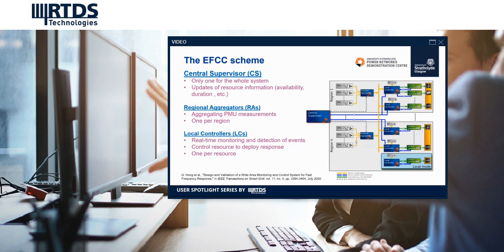So that means the local controller will understand the real-time situation of the system via PMU data, but also understand what is available locally in its resource and what is available in other locations.